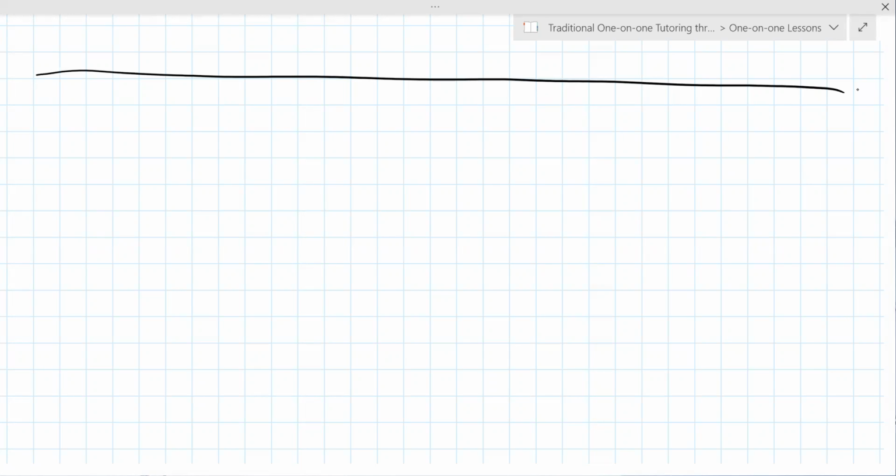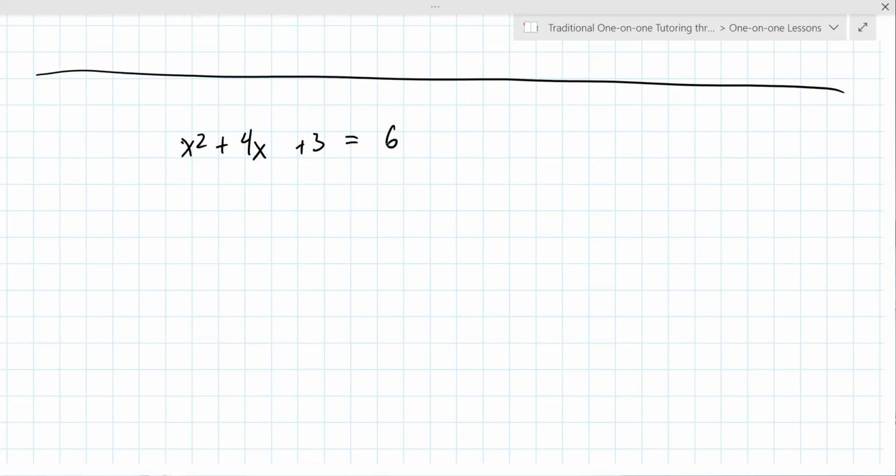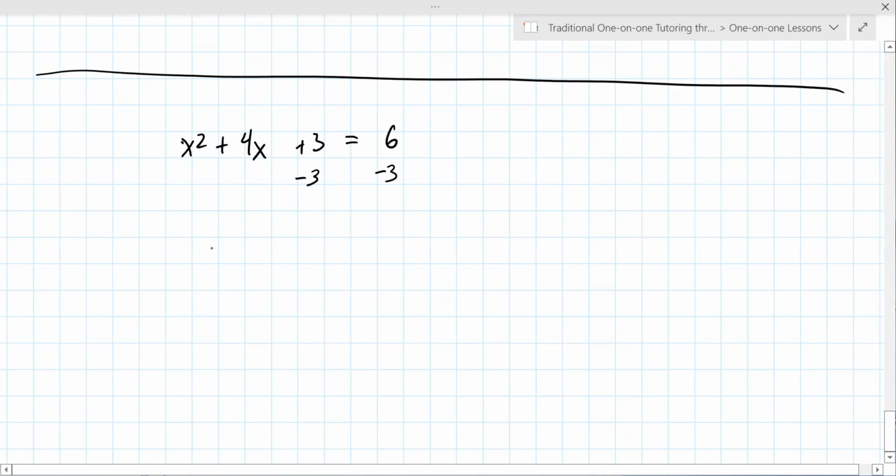Okay. So it says x squared plus 4x plus 3 equals 6. Okay. Good. Okay, we actually have not looked at one like this. I mean, it's not any more difficult, but you're going to start by subtracting 3 from both sides because you want a placeholder there, and you want anything that's constant to be on the right. Yeah. Okay, now do you remember what goes in parentheses down here based on the 4?